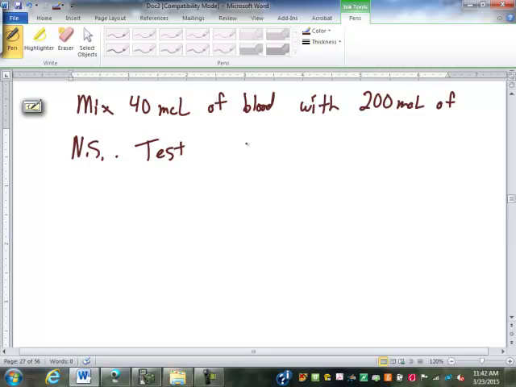And now the new test result yields 184 milligrams per deciliter. We need to find the true result.